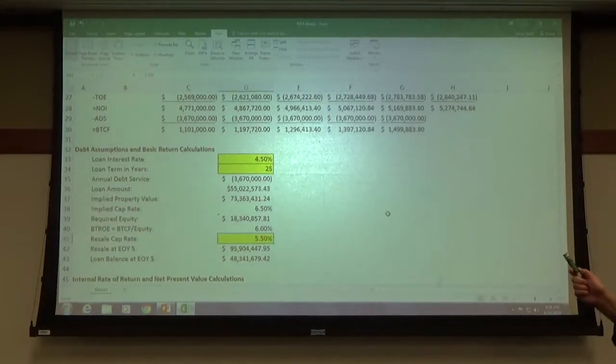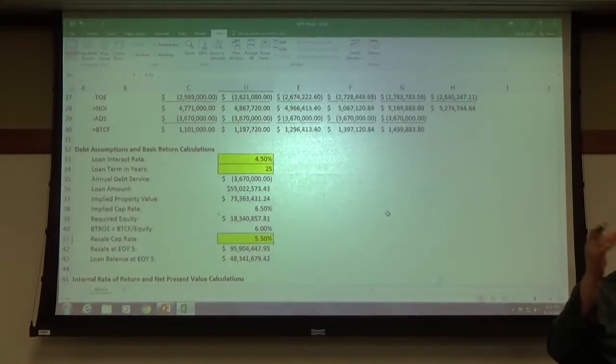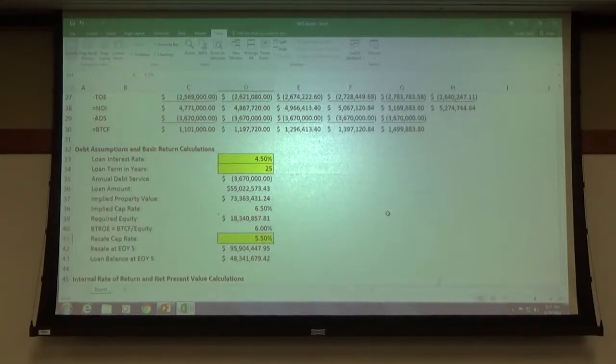Whenever you go to sell this, you've got 5 years of operating history to sell it to someone. In other words, you bought it kind of sight unseen, just built, you don't really know how everything is going to work. But after 5 years of operating this property, you kind of have the kinks worked out, hopefully.